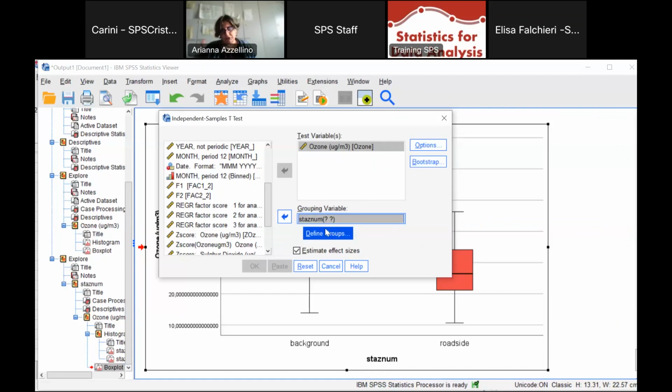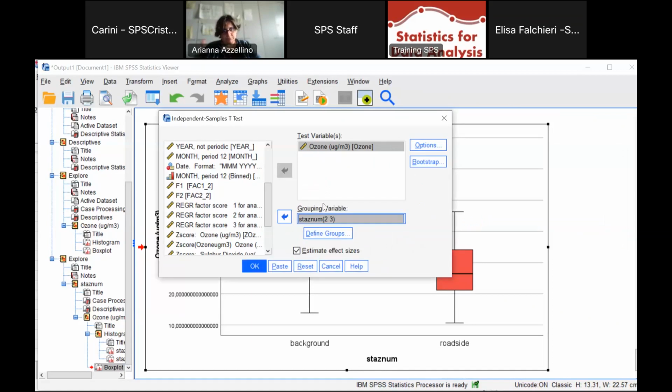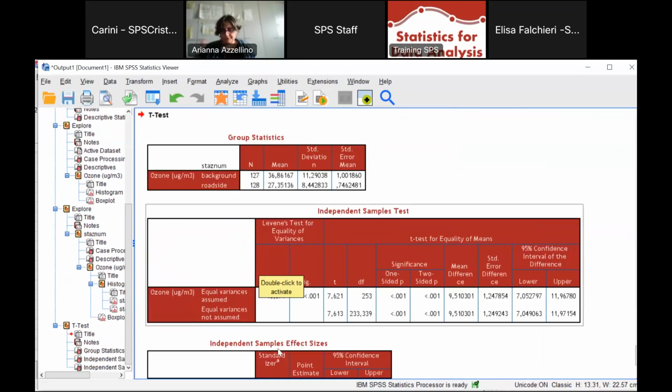I am also asked here to define which groups and levels I want to compare. So my two groups are 2 and 3. I will put these two numbers here, and I will simply run the procedure.